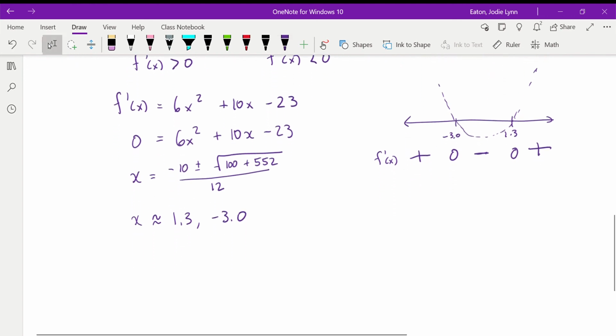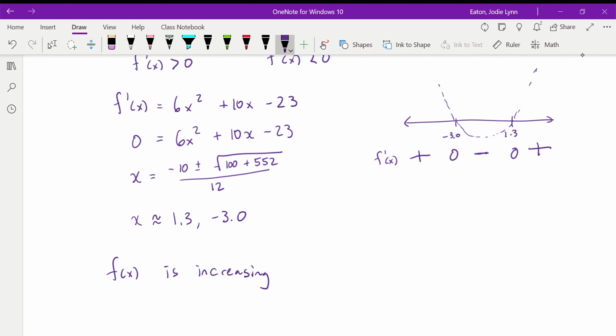So now that we know where f prime of x is positive and where it's negative, we can summarize by telling where our function is increasing and where it is decreasing. So f of x is increasing where f prime is positive.